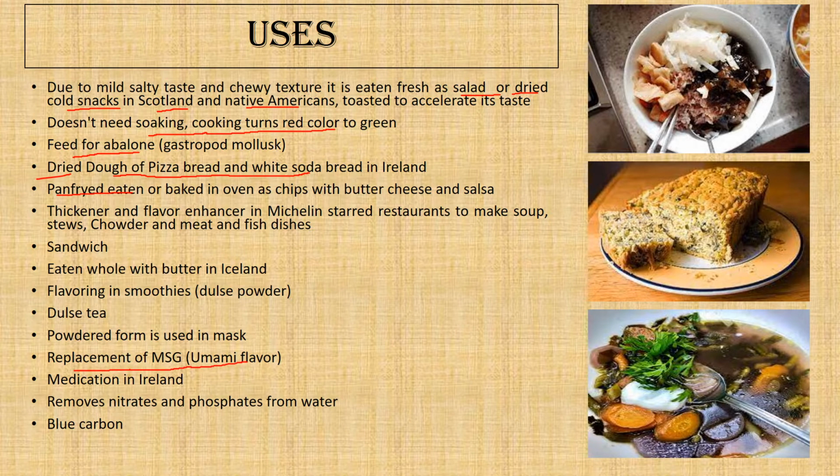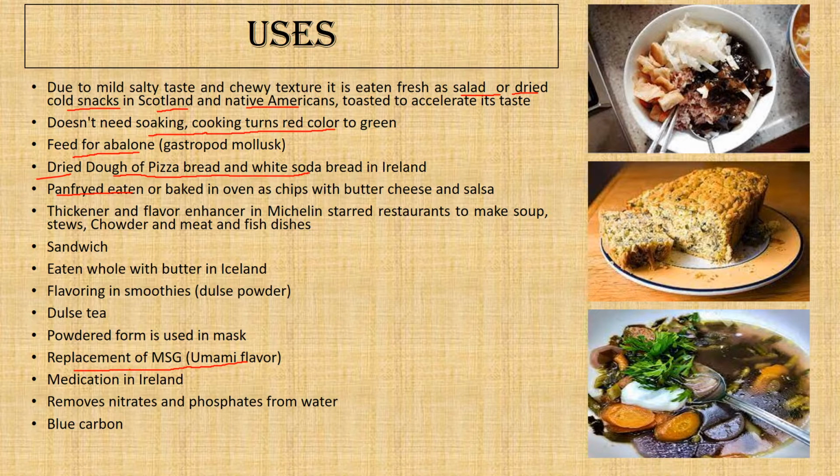We know that frequent use of MSG causes some problems related to the nervous system, but dulse, on the other hand, has the same umami flavor, or flavor of meat, and it is a very healthy option to replace the monosodium glutamate that is artificially obtained.